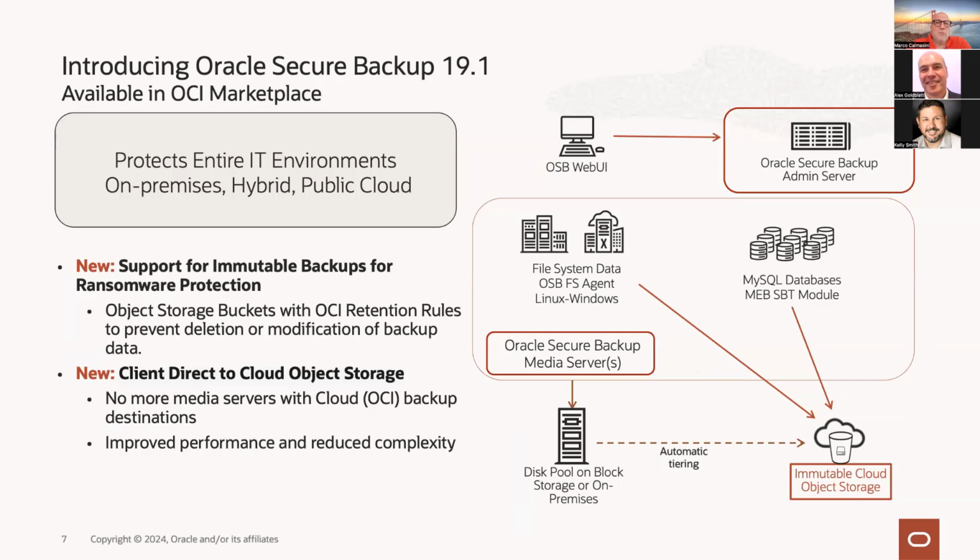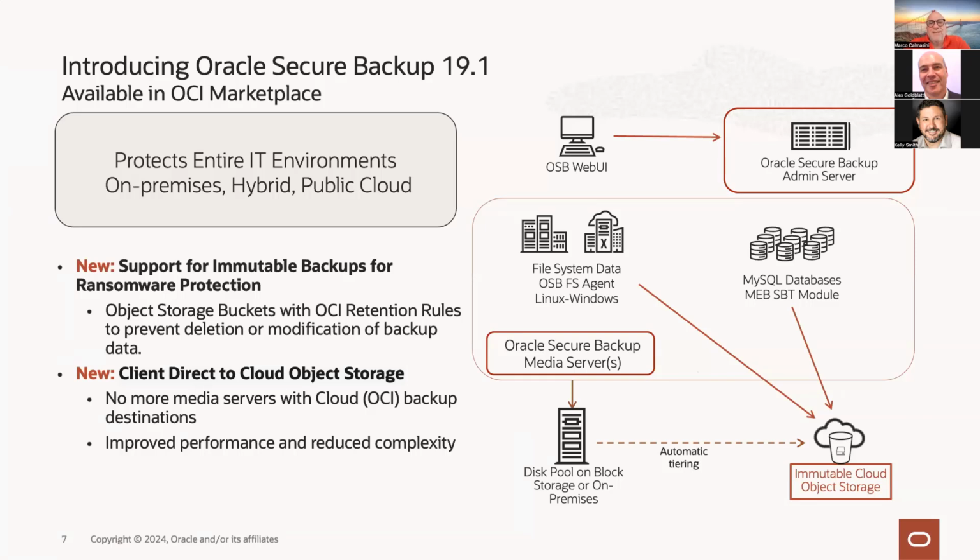So you can configure cloud storage devices, so OSB devices, as backup targets that are running on object storage buckets that have retention rules on them. With retention rules, the backup becomes immutable for a certain period of time.